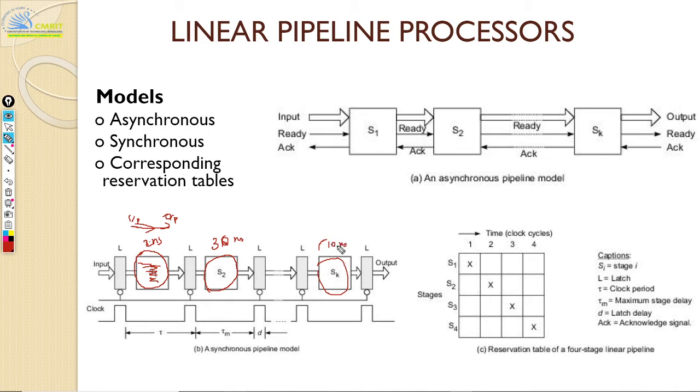Now the question is, what should be the clock? How frequent should my clock be? What is the clock time period I should supply for correct operation? In other words, there are several guys sitting. One guy can pass the ball in 2 nanoseconds, but the other guy is a very slow guy, a slow coach.